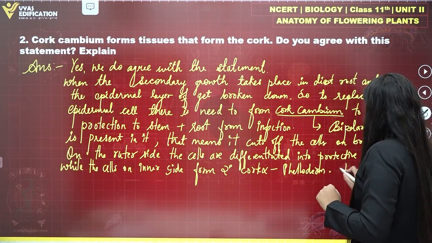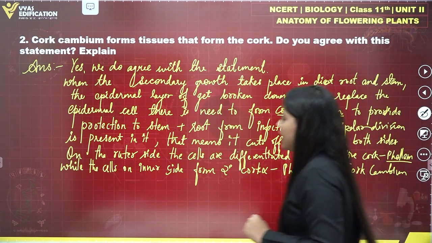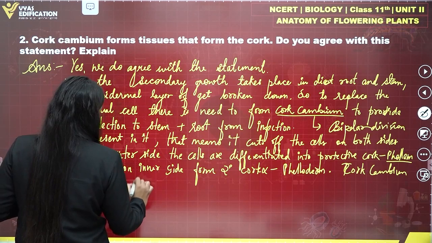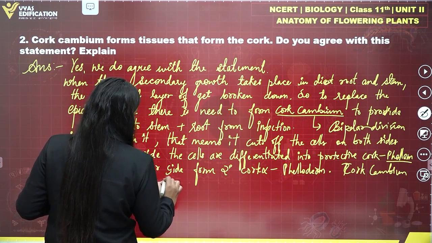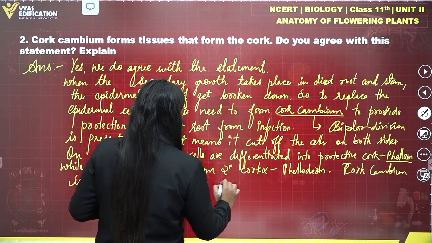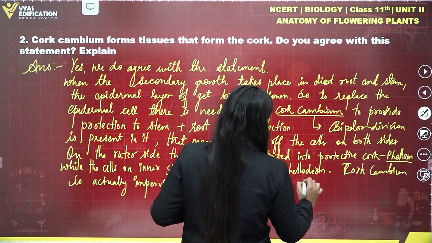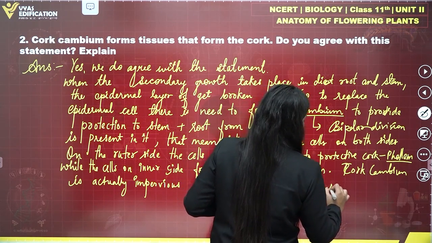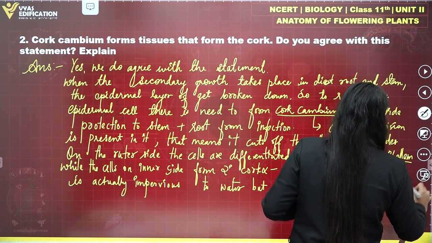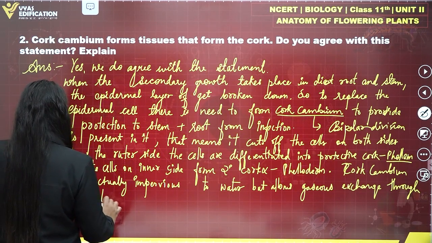Alright, now this cork layer is actually impervious. It does not allow water transport. So it is impervious to water, but allows gaseous exchange through lenticels, right?